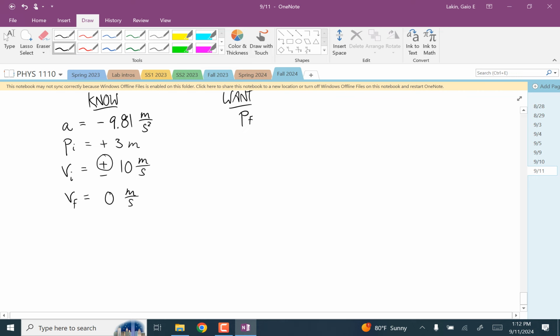One thing that you might notice is the third equation is the only one that doesn't have time final in it. So it's the only one that could work if you're trying to solve for something besides time final and you don't know time final. So this is the equation we want.